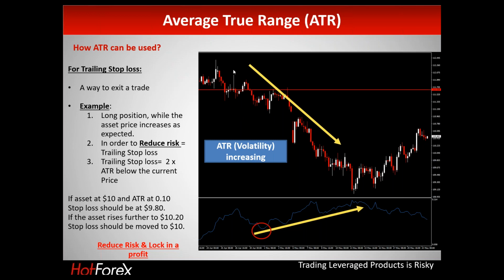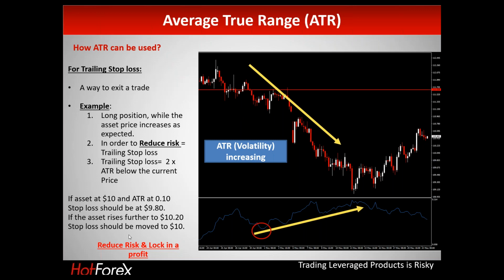Here we have a decline, a clear downtrend, so we have entered a short position. We have to set our target and stop loss level, right? If the ATR is at 10 pips, then it's saying to you, set your stop loss 10 pips above your entry.